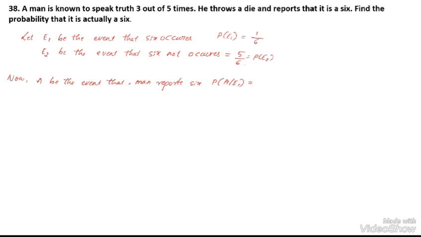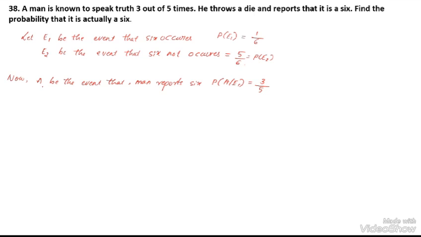Total, there are 5 statements. Out of 5, 3 times he says the truth. So the man reports 6 out of 5, he reports 3 times.